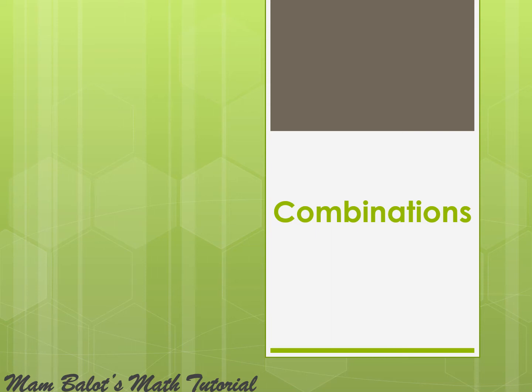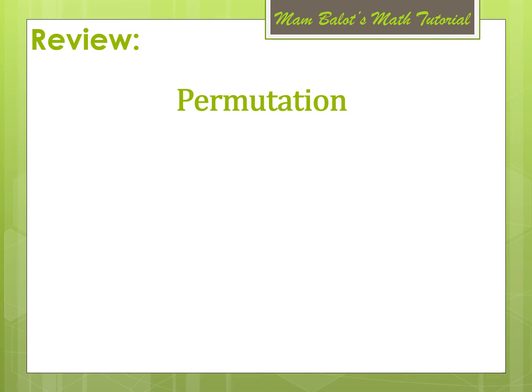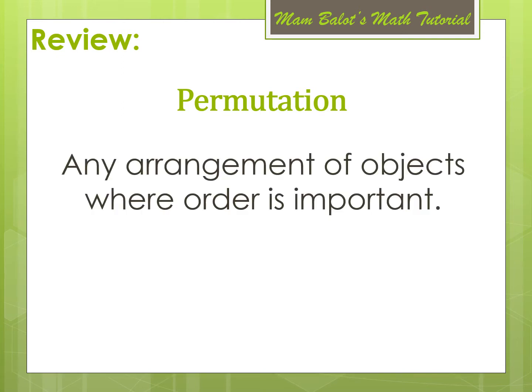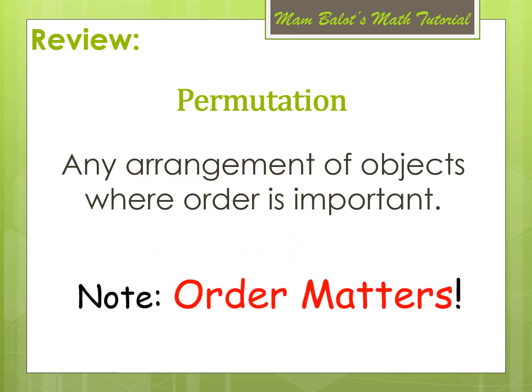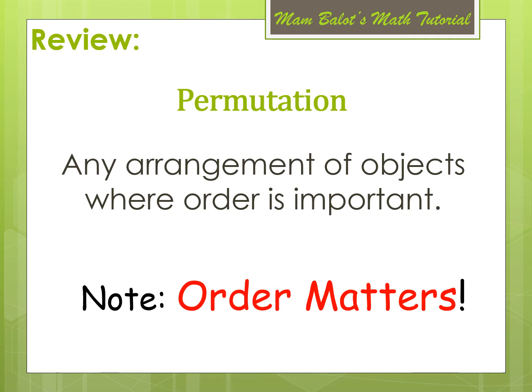Today we will be discussing all about combinations. Let us recall what is a permutation. It is any arrangement of objects where order is important. We have to take note that order really matters in a permutation.